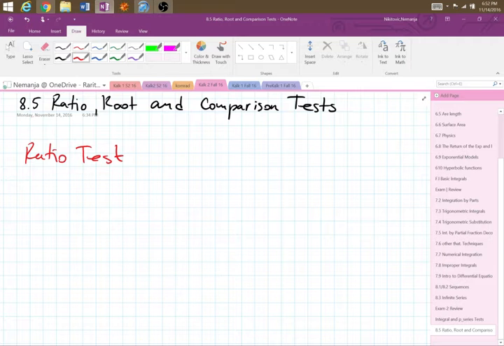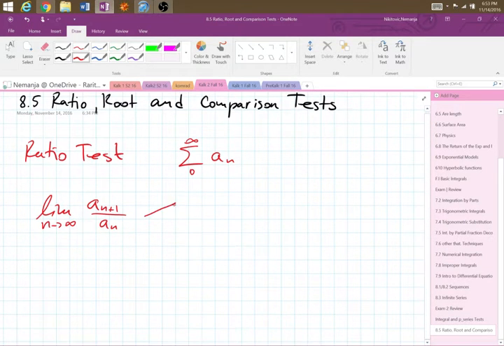So ratio test, you have some general series that can start at 0, can start at 1, can start anywhere. And you can see this a_n. It's really generic. So this is how ratio test works. You take the limit of a_(n+1) over a_n as n goes to infinity. And this can give you 3 possible answers.